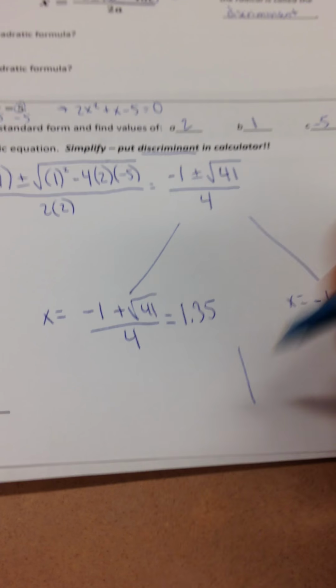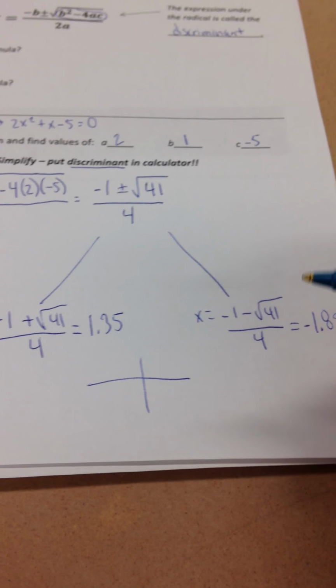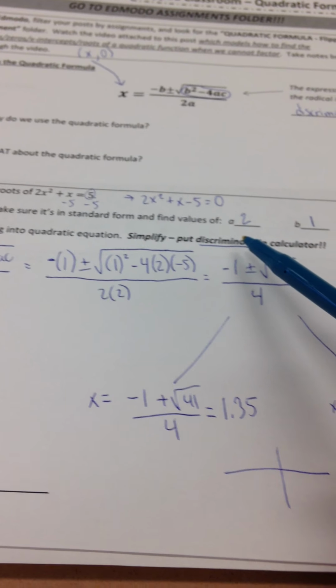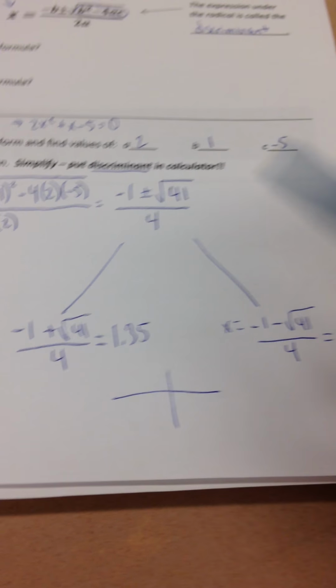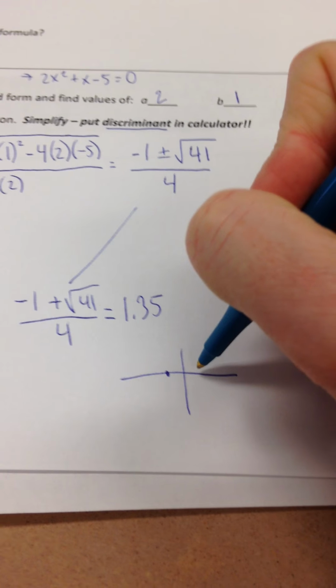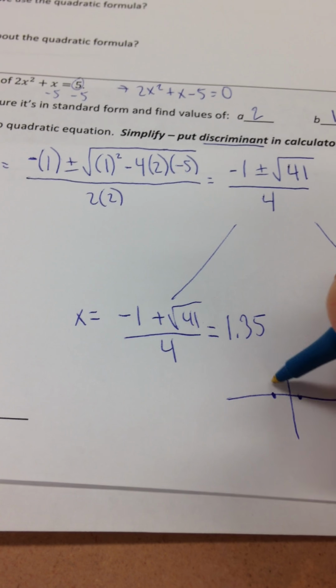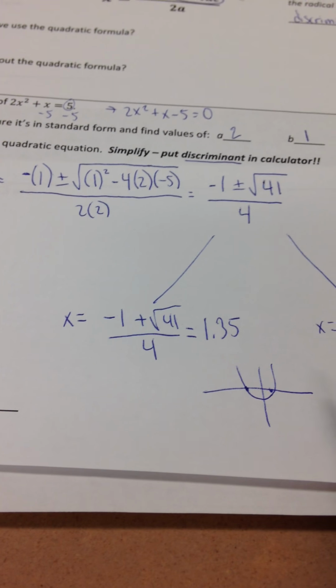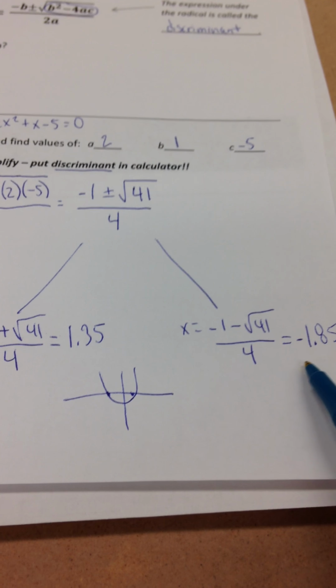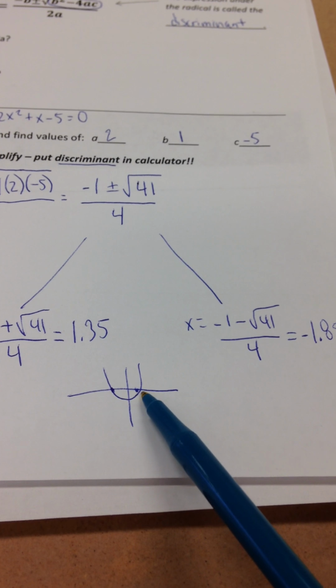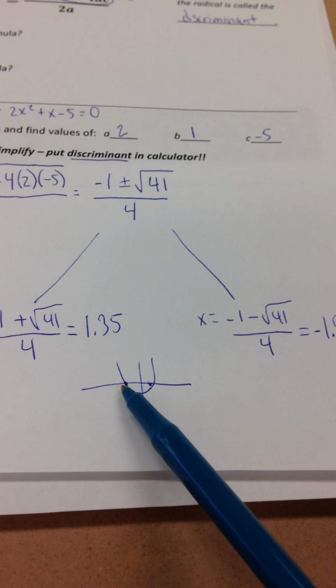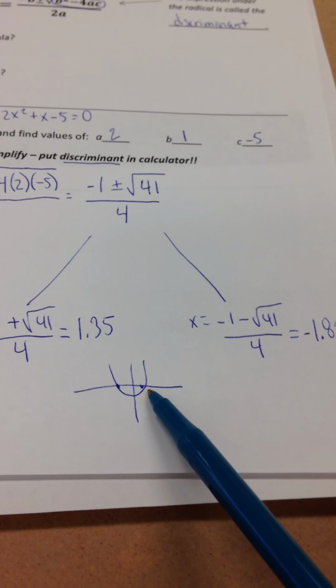And remember, if I'm graphing this, it's a quadratic. I know it has to open up because my a value is positive. So I'm going to have a root here at -1.85 and a root here at 1.35. So it would look something like that. So what we just found by using the quadratic formula, again, are the roots or the solutions or the x-intercepts or the zeros of this quadratic function.